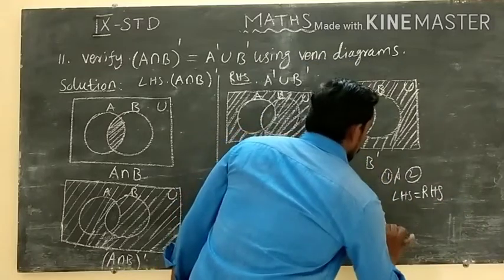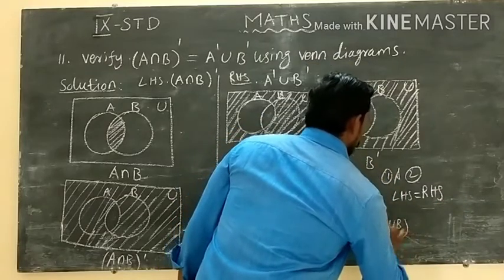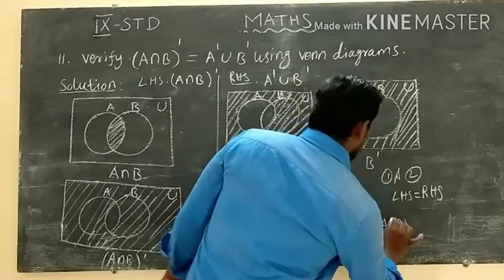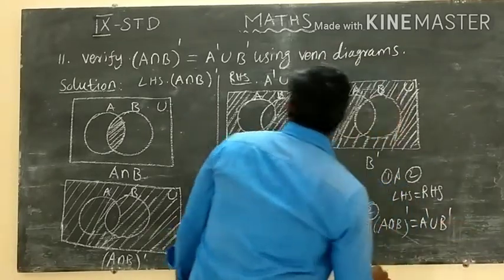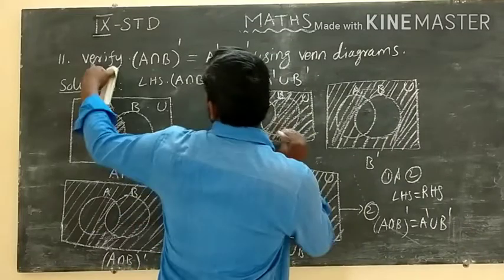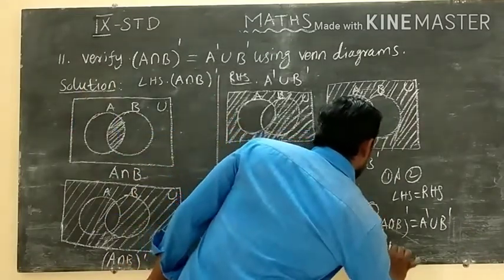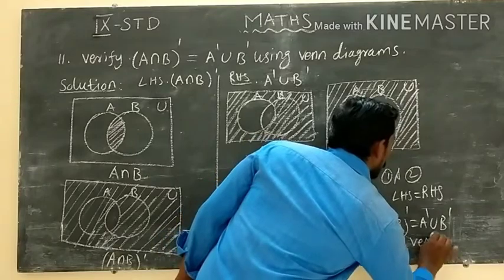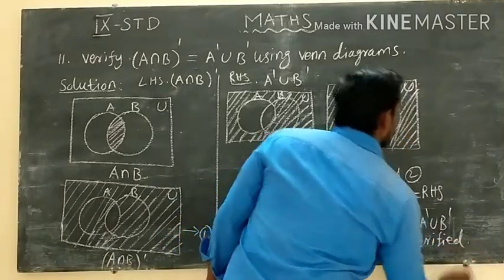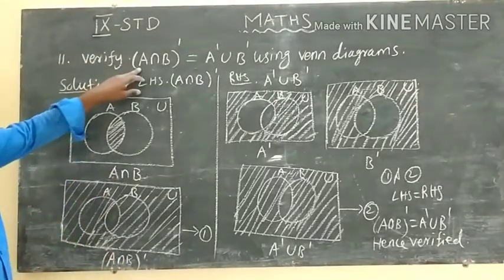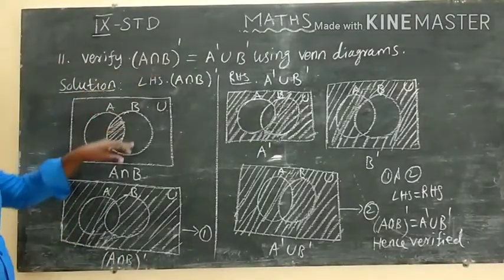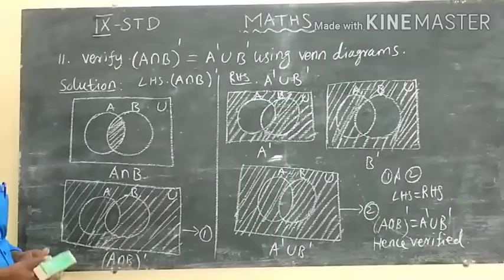This is A intersection B, the whole complement, equal to A complement union B complement. Hence verified, because it is a verification question. Hence verified. That's all. I understood the law for complementation using Venn diagrams. This is very easy.